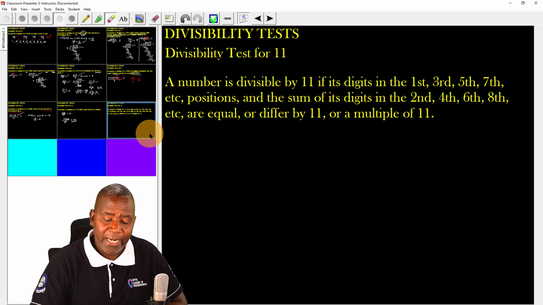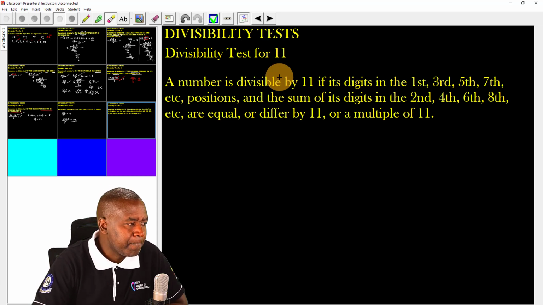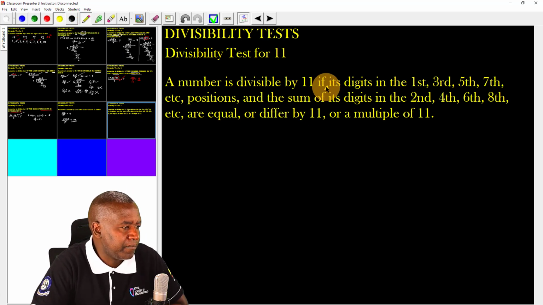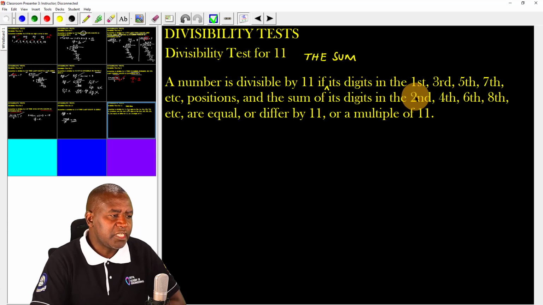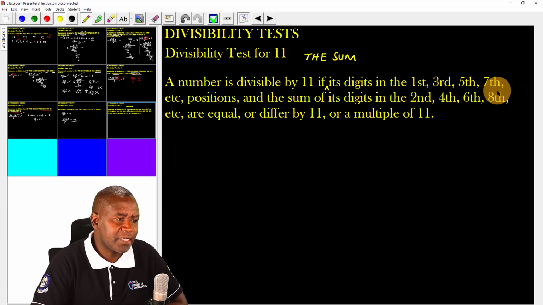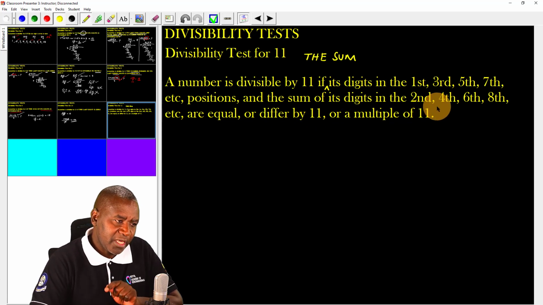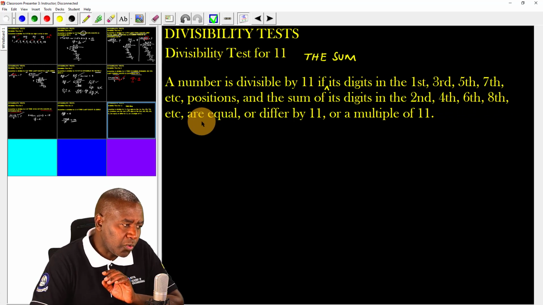It states that a number is divisible by 11 if the sum of its digits in the first, third, fifth, and seventh positions, etc., that is the odd positions, and the sum of its digits in the second, fourth, sixth, eighth, 10th, etc., that is the even positions, are equal.